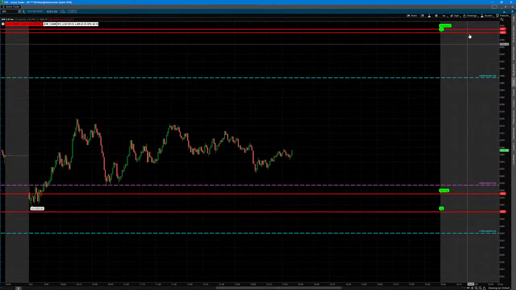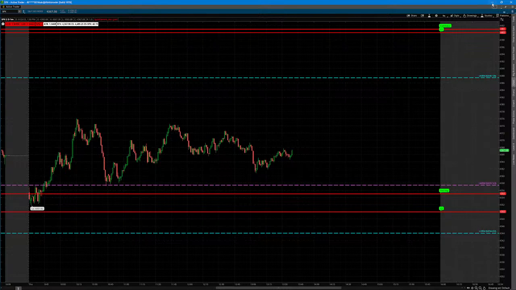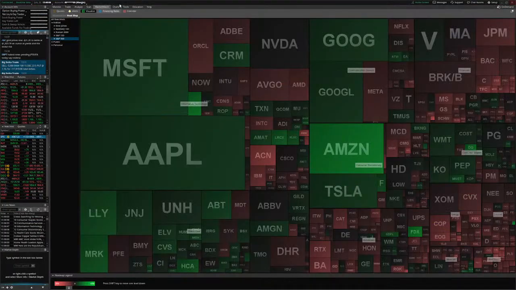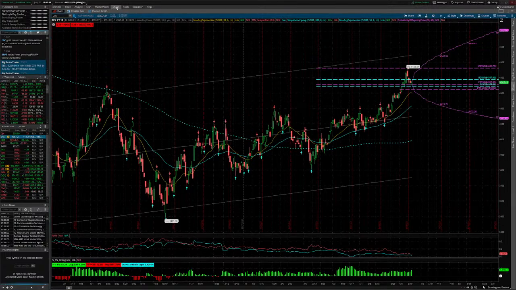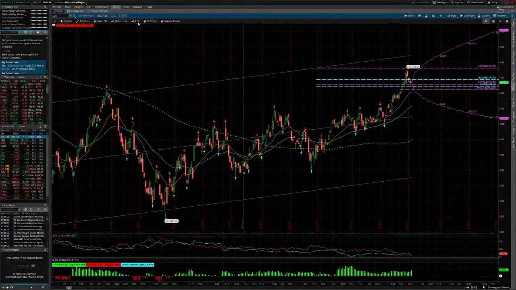For weekly, actually, I have a script in Thinkorswim. Let's go back. But you can get this from an options chain as well.